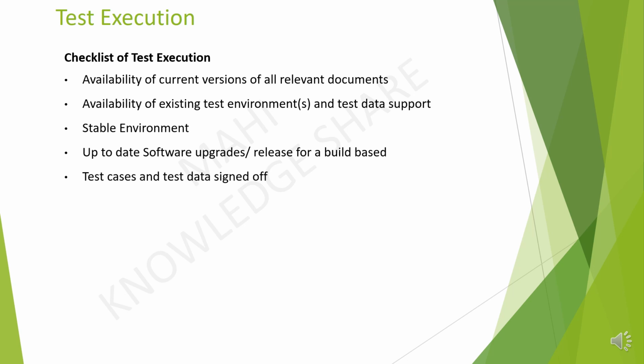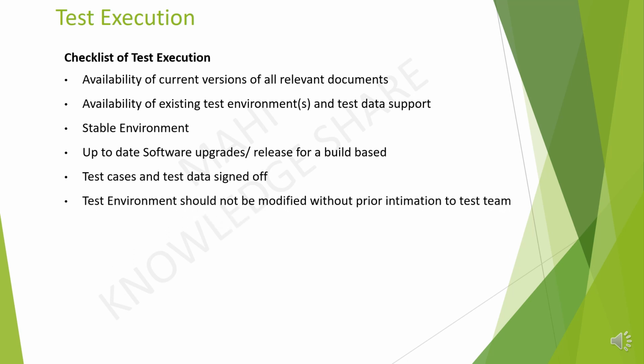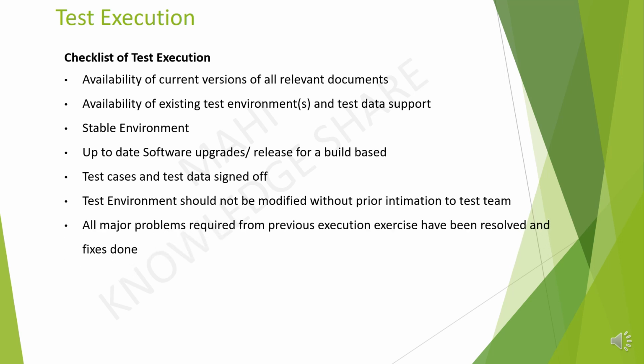Checklist number 6. Test environment should not be modified without prior intimation to the testing team. Checklist number 7. Issues identified during previous release should have been resolved in the current release. Checklist number 8. Test execution plan should be made available to all the stakeholders.